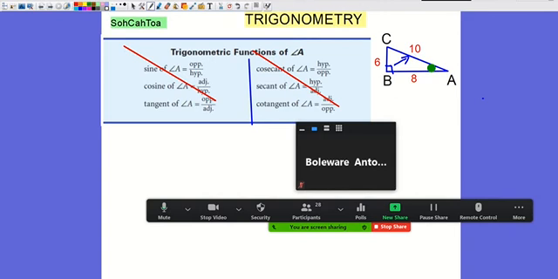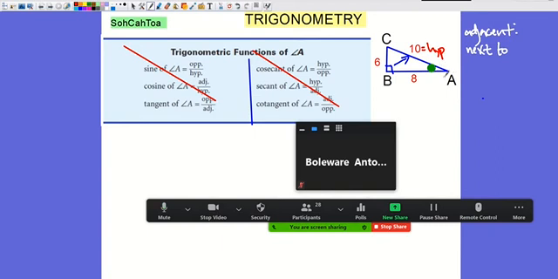Okay, adjacent. Adjacent basically means next to. So what side is next to angle A, the green dot?